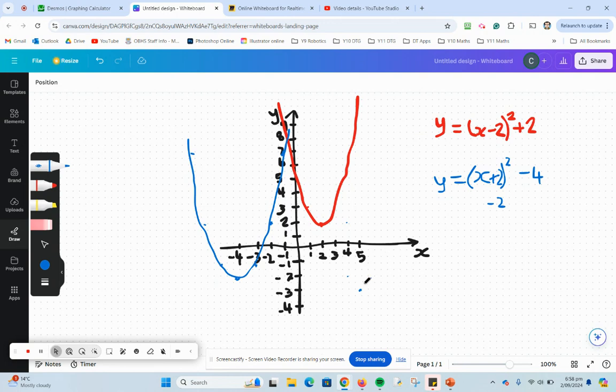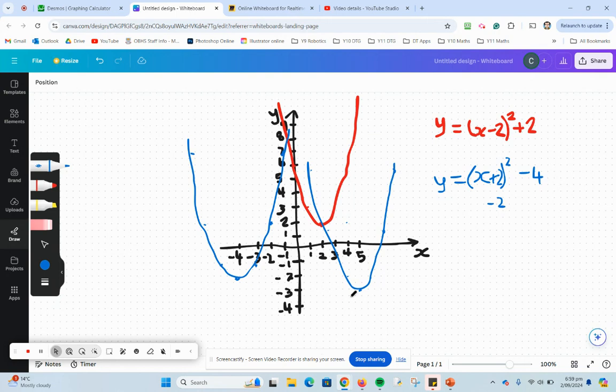Across 2, up 4. Across 3, up 9. About there. Okay, so there's one there.